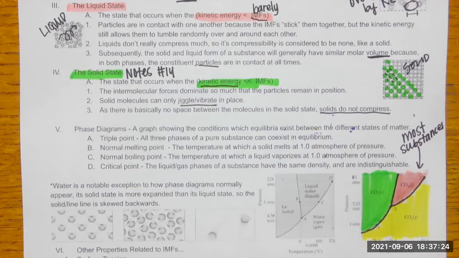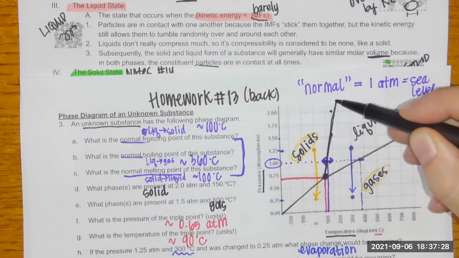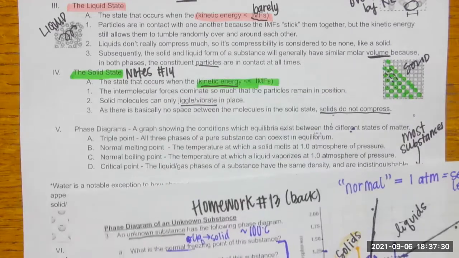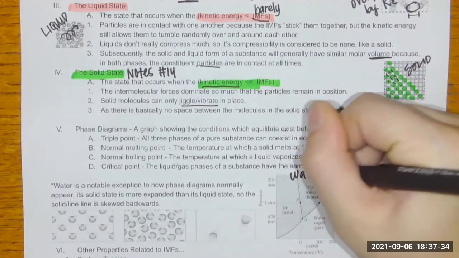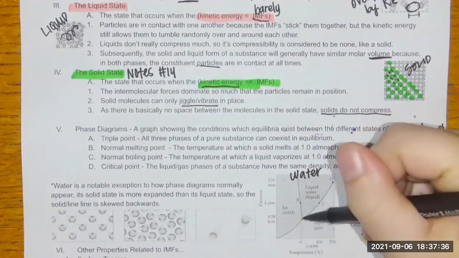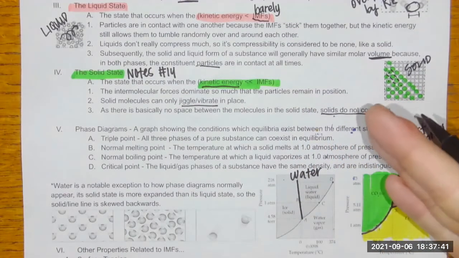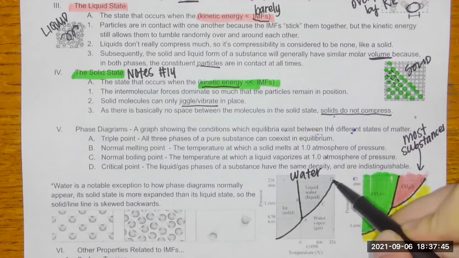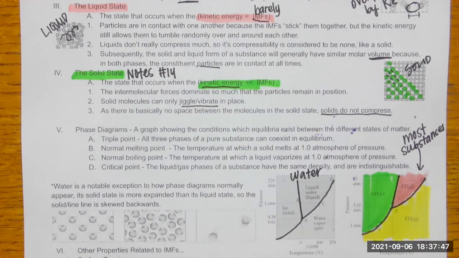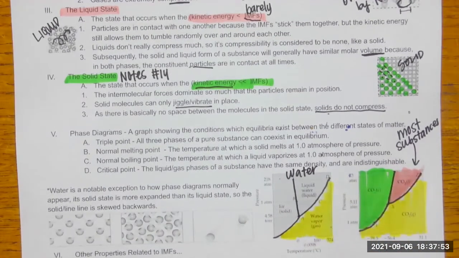It happened here, it happens in the homework, that solid-liquid line runs forward. In water specifically, we have this weird thing happen where that line runs backwards. See, it's leaning left instead of to the right. So just keep that in mind. Water is the exception, and most substances don't do that.